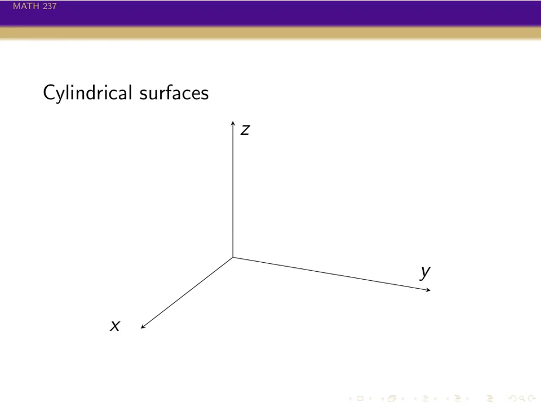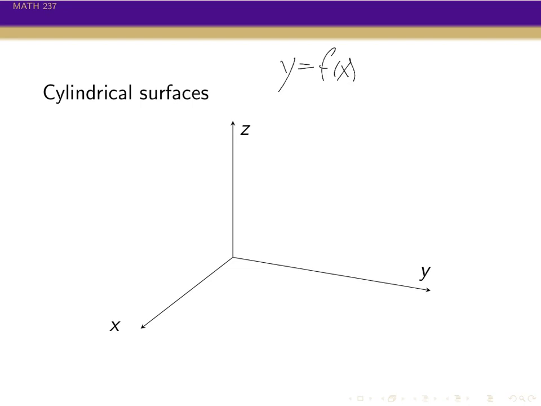What I do want to talk a little bit about in R3 are what are called cylindrical surfaces. So far in math for the last however many years, you've been thinking a lot about functions of the form y equals f of x, and what they look like on the xy plane.